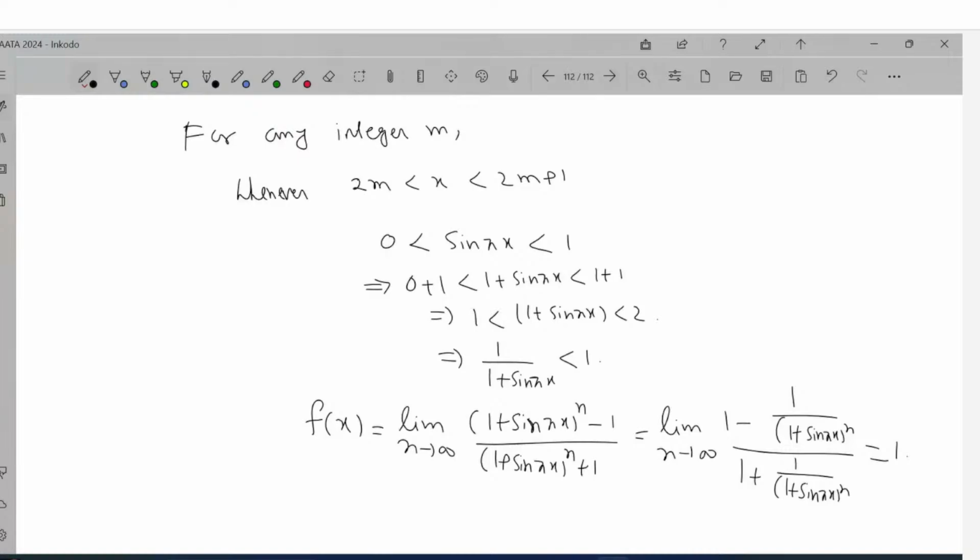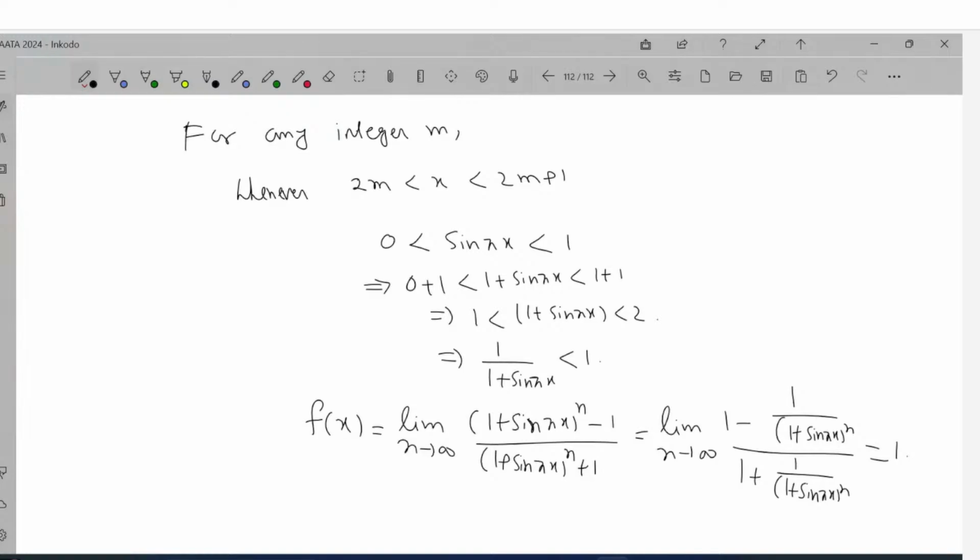Is it clear? Okay. What about the other case, 2m minus 1 less than x less than 2m? What will be the limit? Tell me. Minus 1 less than pi x less than 0, then?